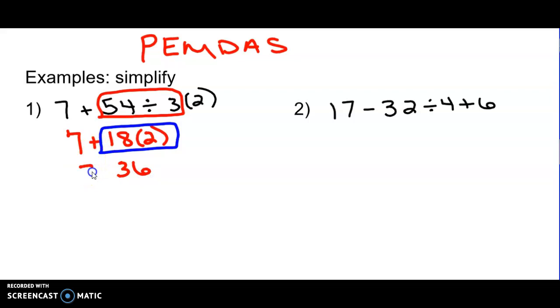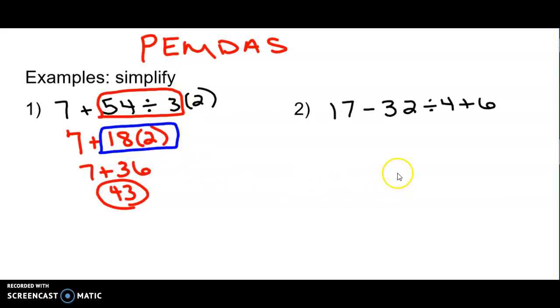And then I'm just going to bring my 7 and my plus sign down. So now we can do the final step, which is either addition or subtraction. We do have addition. So we can add 7 plus 36, which equals 43. And that's our final answer. We've simplified this longer expression using the order of operations.